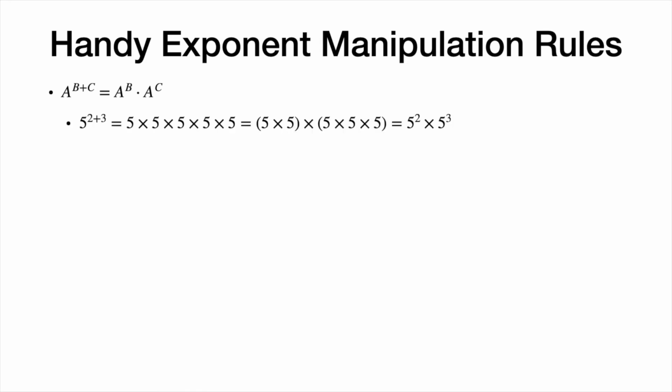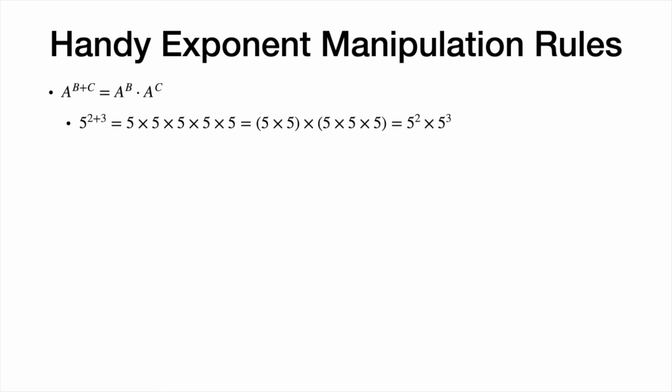So let's say we have 5 raised to the 2 plus 3 power. If 5 is raised to the 2 plus 3 power, that's the same as saying 5 to the 5th, because that's what 2 plus 3 is. And so that's 5 times 5 times 5 times 5 times 5.